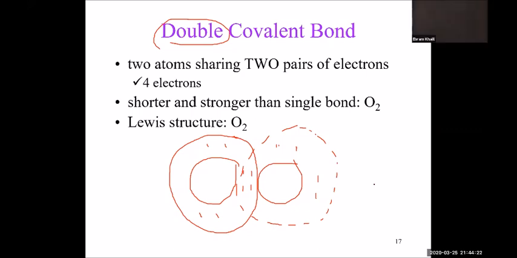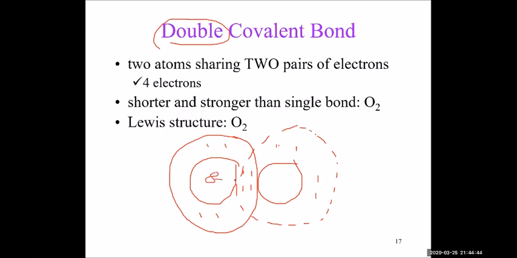Yes, I have a question. What does it mean to be shorter and stronger than a single bond? Oh, very good question. I was about to skip this because I cannot really go through all of it. Electrons have negative charge, and both oxygen nuclei have positive charge. There are 8 protons in each nucleus. So the electrons right in between will be attracted by the nuclei, the protons.